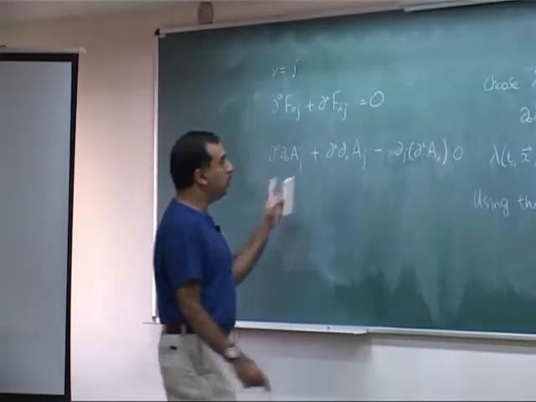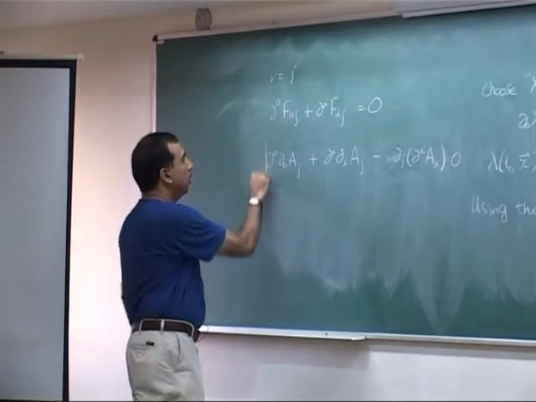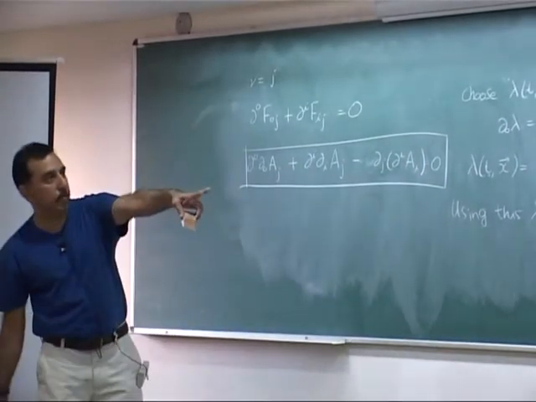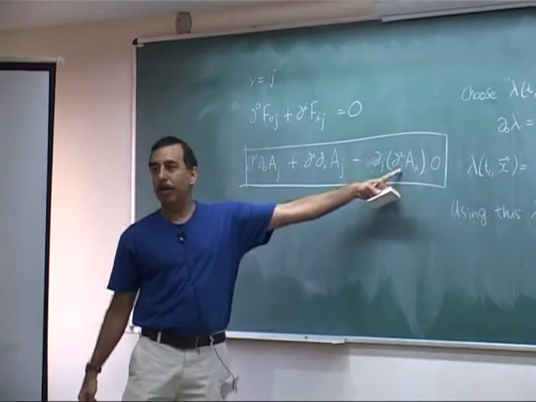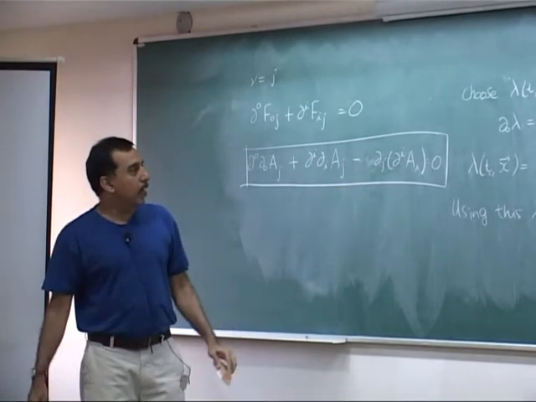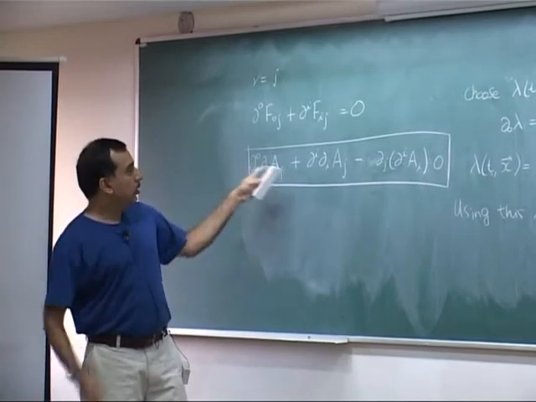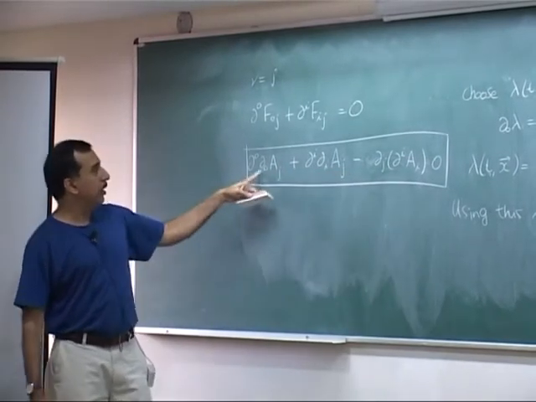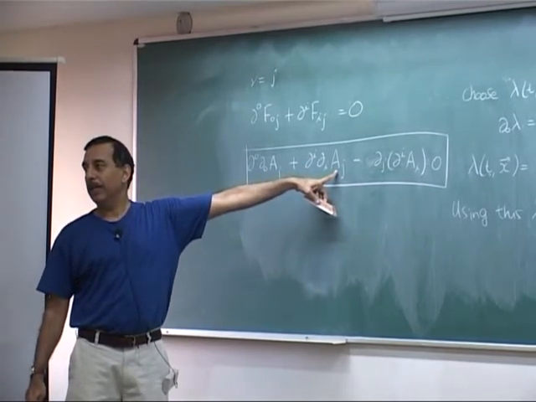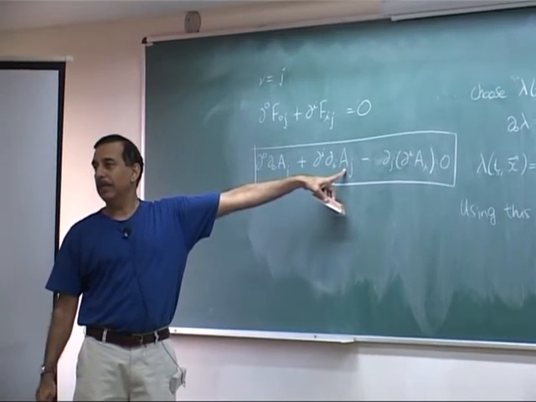Now you see that both these equations, this one and the one on that side in a box, both have a term involving del I AI. And if del I AI could be set to 0, this equation would simplify very nicely into the Klein-Gordon equation for three components of A. A1, A2, A3.